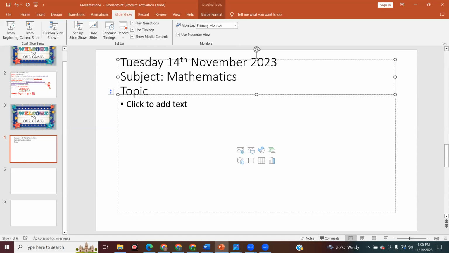And the topic is finding the area of semicircles, part 2. All right, find the area of semicircles part 2.